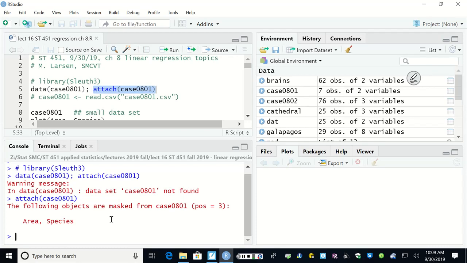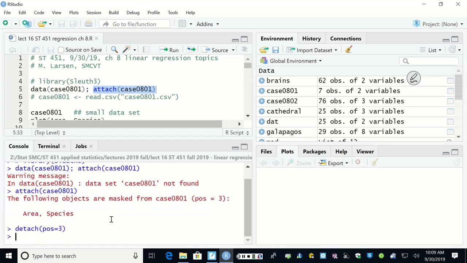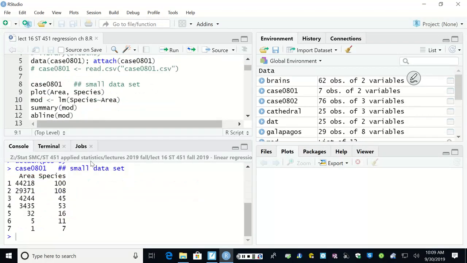Okay, it's there. Now I'm going to detach this one because it's a little extra thing. This is a small data set with the areas of islands and the number of species that are there.